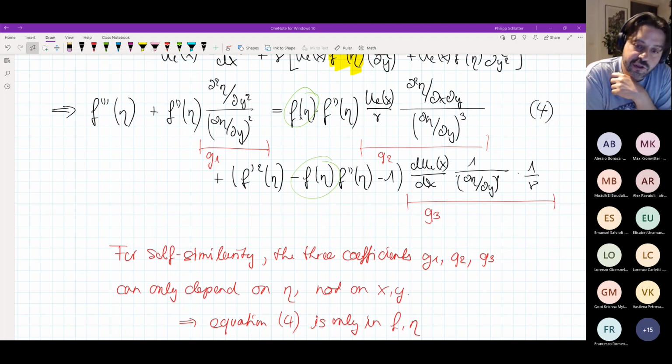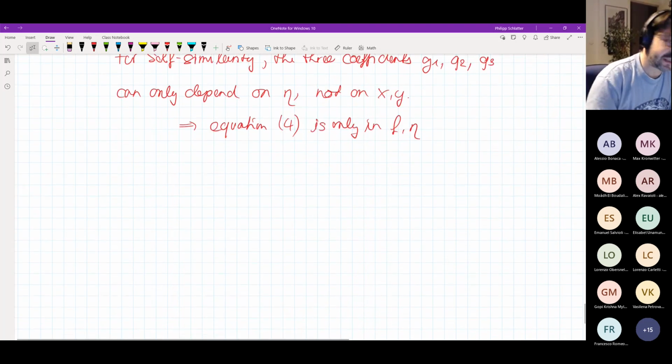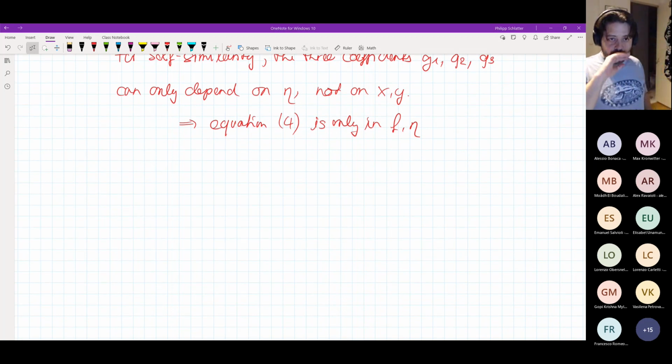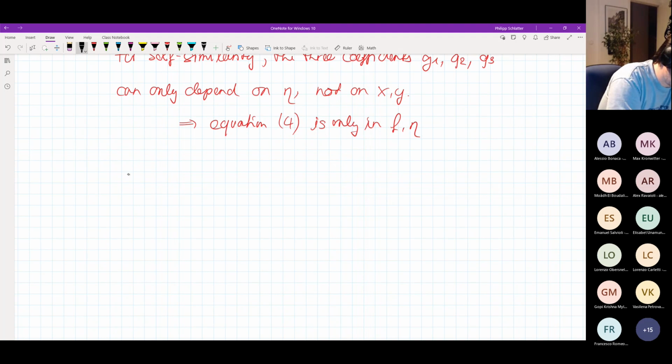If these coefficients are depending on x and y, that means that self-similarity is not possible because we have additional dependencies which we cannot get rid of. And we're not really interested in those solutions right now. So it means for us to understand when we have self-similar solutions and then also how to solve those, we actually need to look at these coefficients g1, g2, and g3.